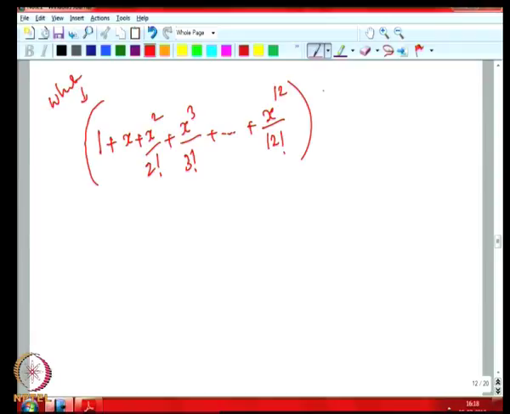The next one also has the same kind of term, 1 plus x till x raised to 12 by 12 factorial. See, this is the same problem like the earlier one. We can create something like this, right?